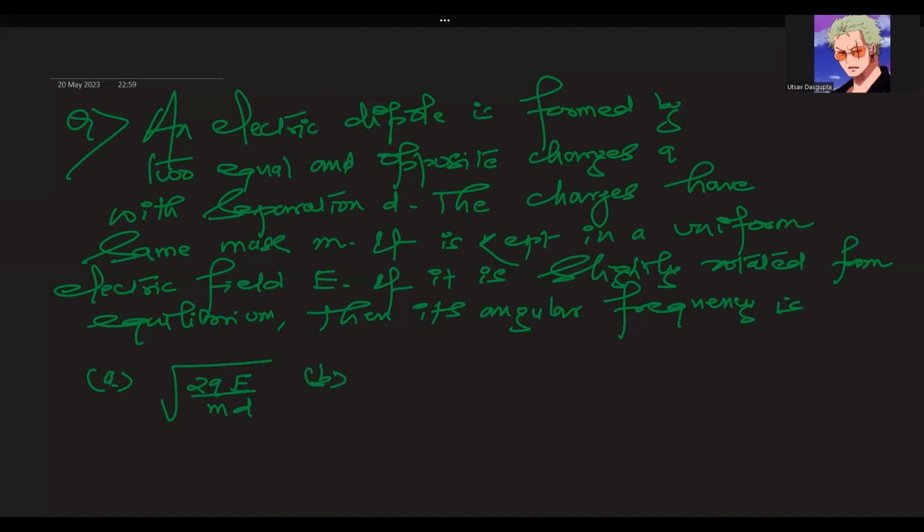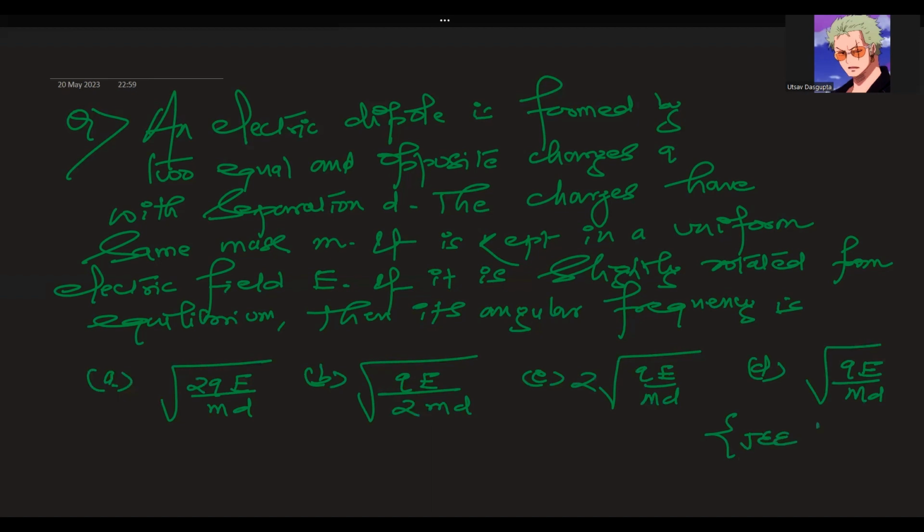Second option, root over QE by twice of MD. Third option, root QE by MD. And fourth option is only root over of QE by MD. This is also a question from JEE Mains 2019.